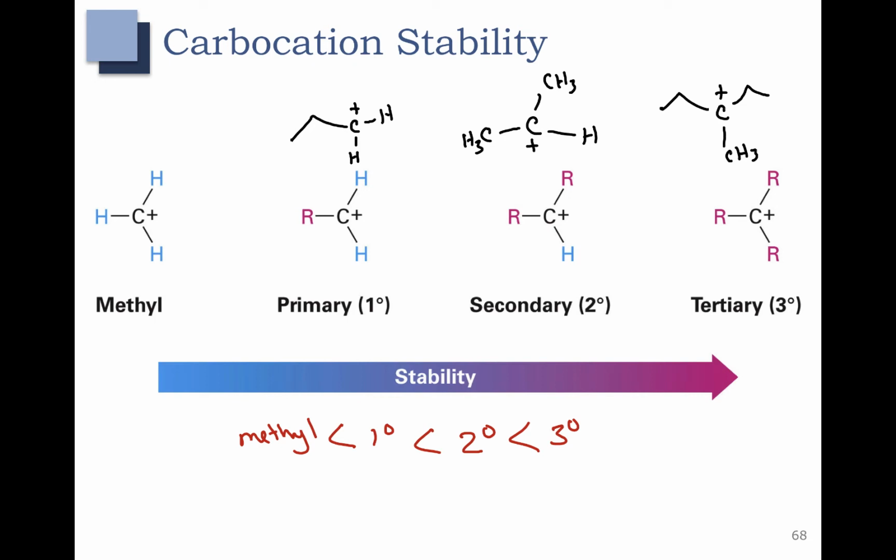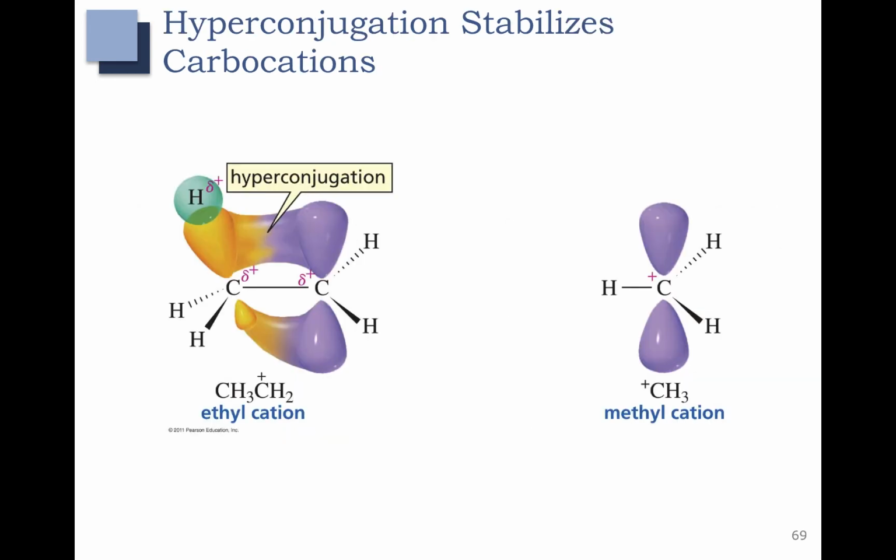Now, why does this happen? Why are tertiary carbocations so much more stable? This is due to an effect called hyperconjugation, and hyperconjugation helps to stabilize these cations. Here's a picture of hyperconjugation. Hyperconjugation is nearby carbon and hydrogen bonds donating their electrons to stabilize a positive charge.